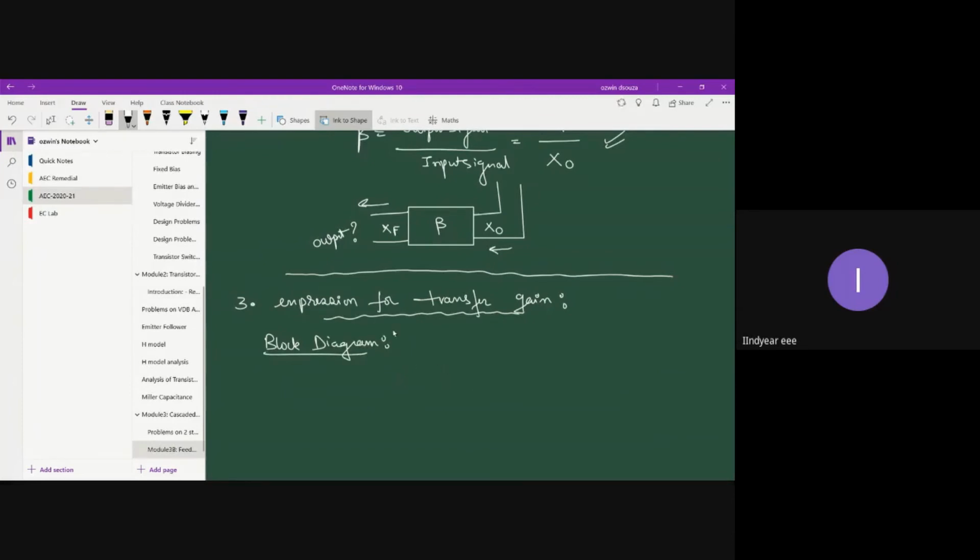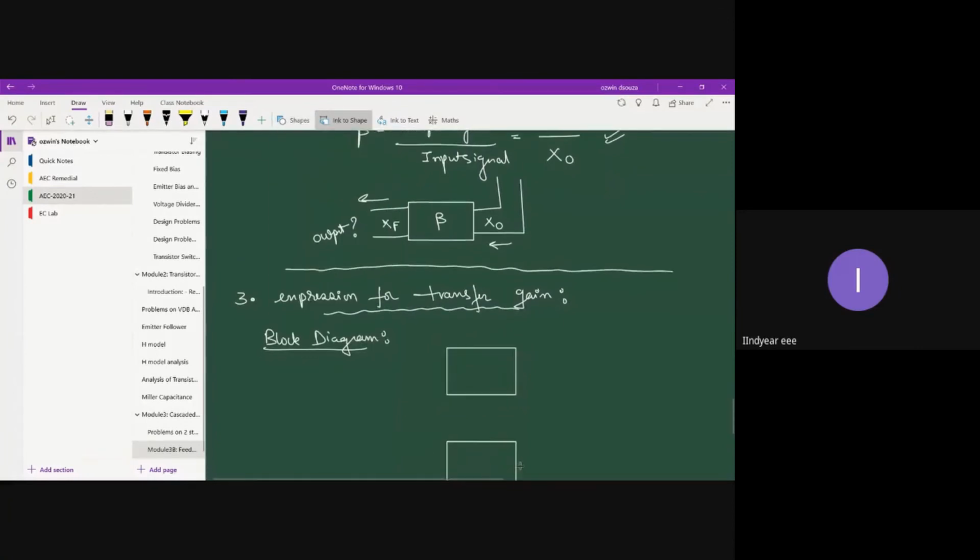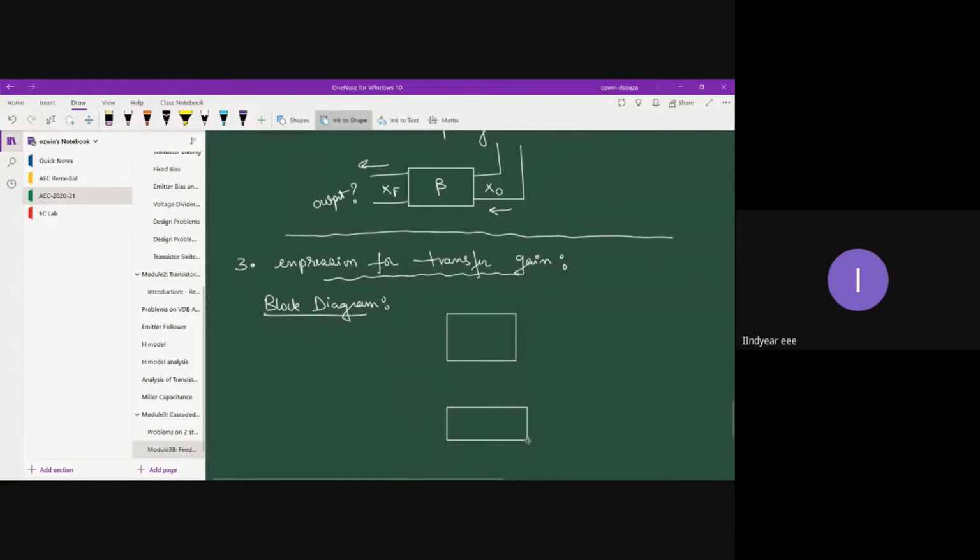Say you have two blocks, an amplifier block and a feedback block. Let's say the amplifier gain is A and the feedback network gain is beta.